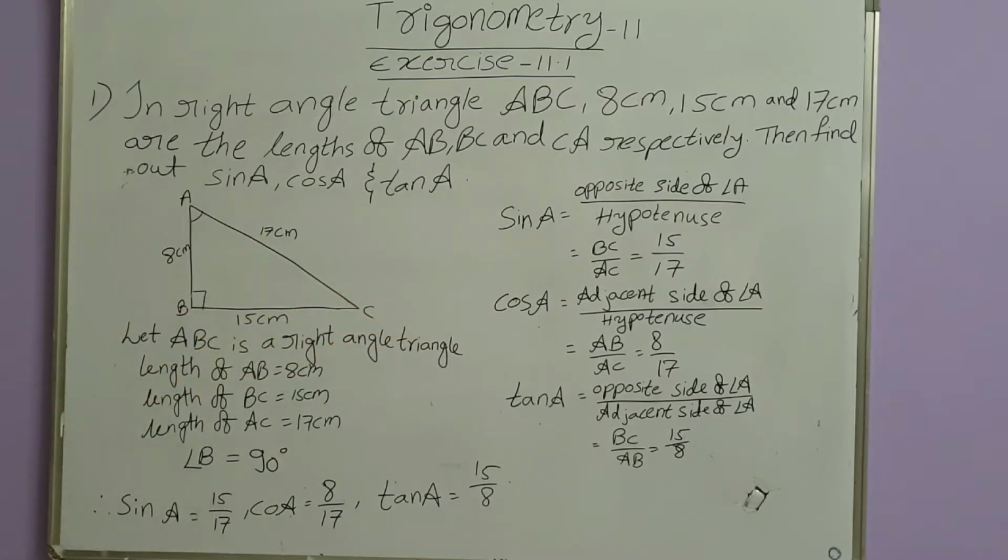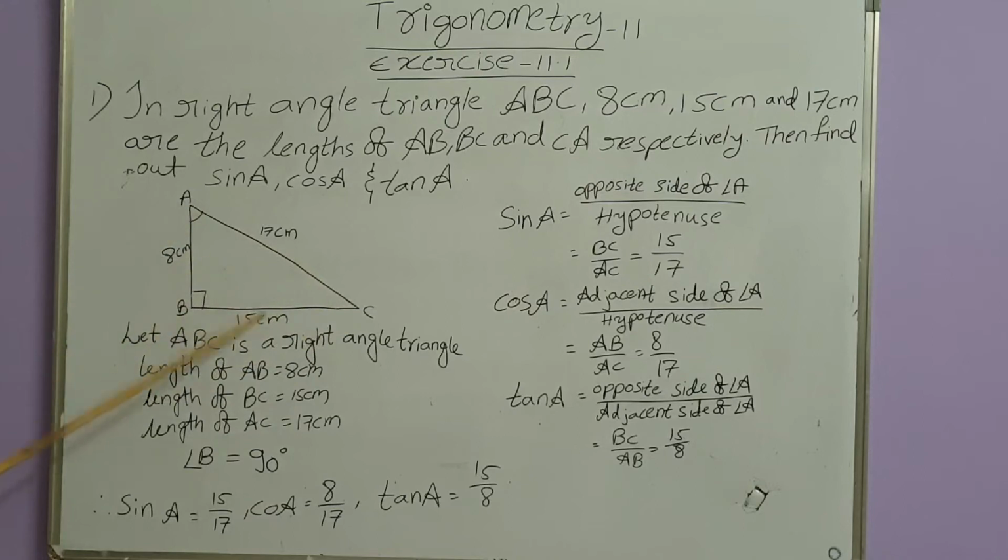Next, cos A. Cos A means adjacent side of angle A by hypotenuse. Angle A's adjacent side is AB.